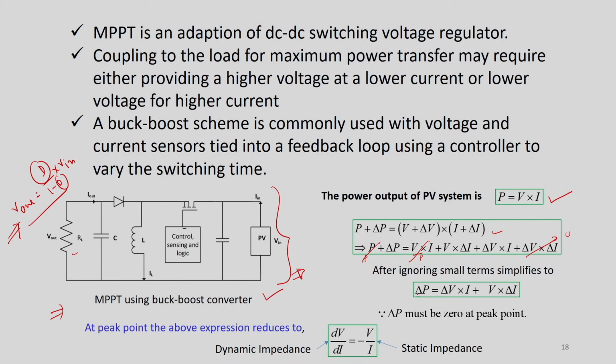Finally, we will have del P is equal to del V into I plus del V into del I. This del P must be 0 at the peak point.